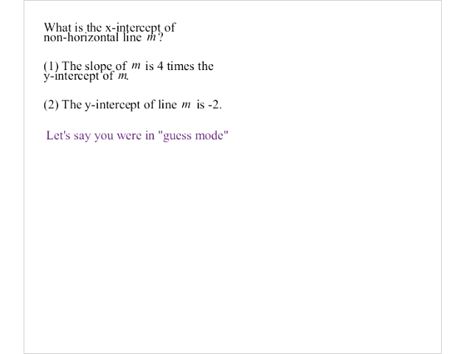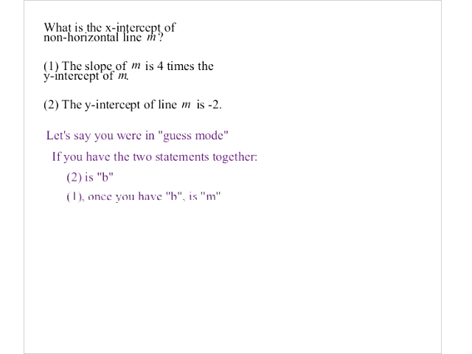If you have the two statements together again, statement 2 is B. Statement 1, once you have B, is M. You should be suspicious, because it's the same sort of thing we said last time.